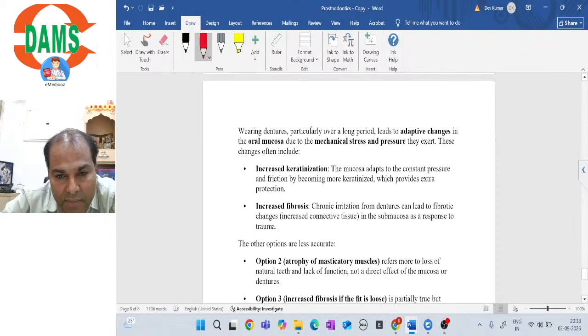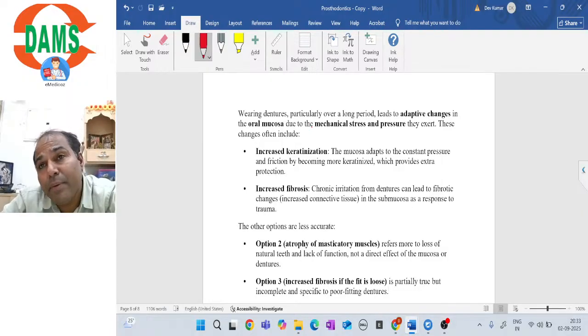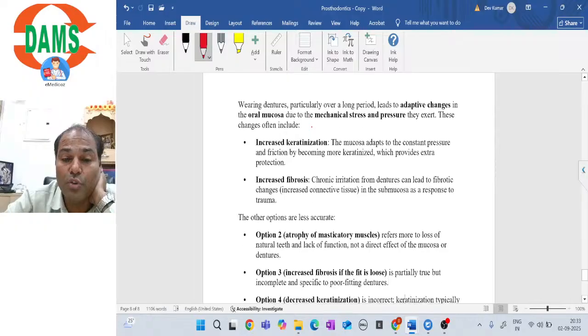Atrophy of masticatory muscle, I have told you it is more related to the teeth. It is not related to changes in the mucosa. It's an indirect sequela. Only increased fibrosis if denture is loose is partially true, but it is specific to loose fitting dentures. It may happen over time from a normal denture, but it is specifically true for loose dentures.